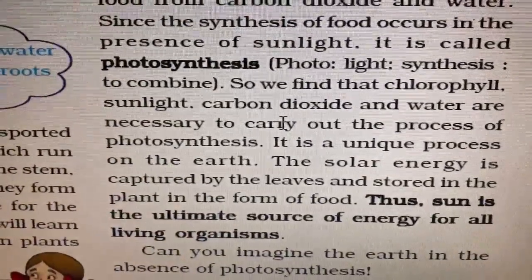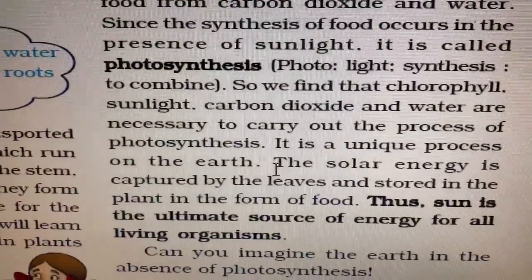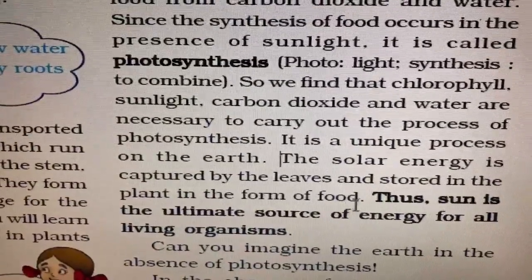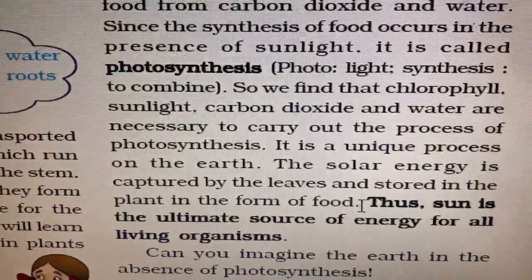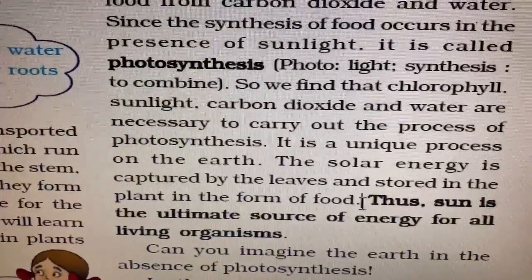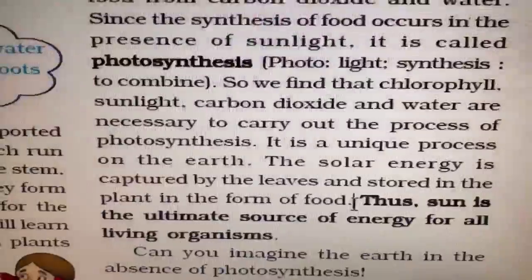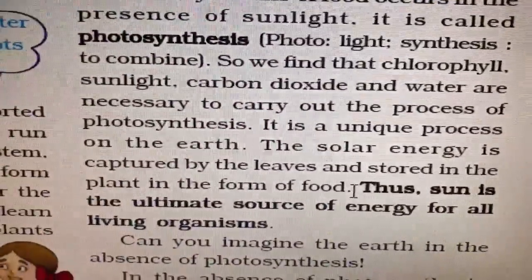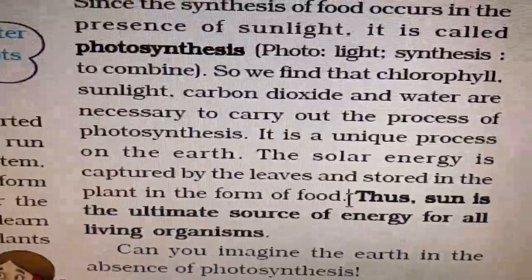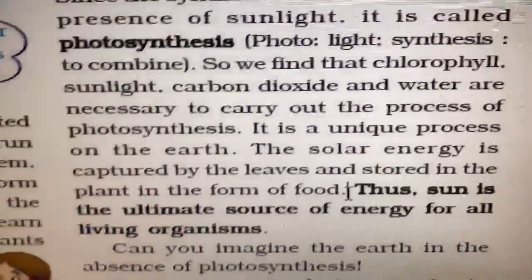It is a unique process on the earth. The solar energy is captured by the leaves and stored in the plant in the form of food. It's a very unique process, as plants make their food on their own with the components present outside, without any complex substances being taken in. The solar energy is captured by leaves and stored in the plant in the form of food.